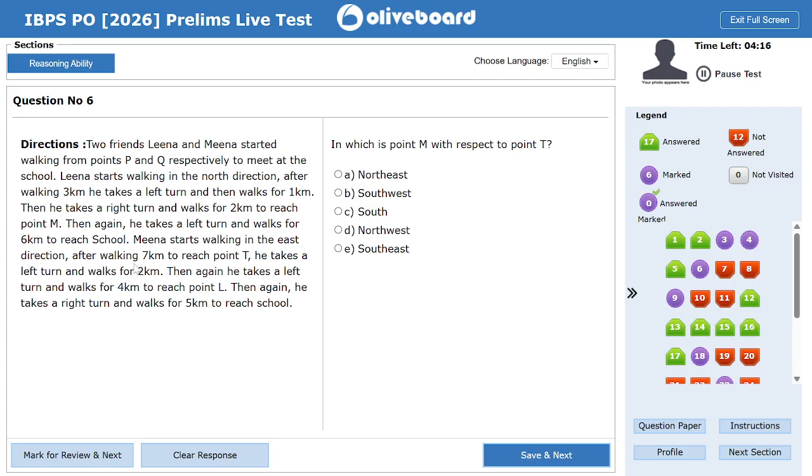PQ respectively. Mina starts walking, okay. Then again he takes right turn 5 kilometers to reach school. Start Q respectively. And Mina starts walking in the east direction.